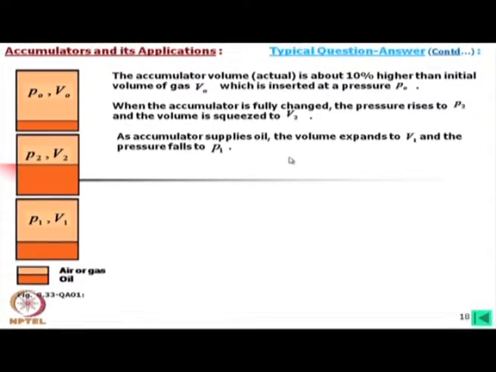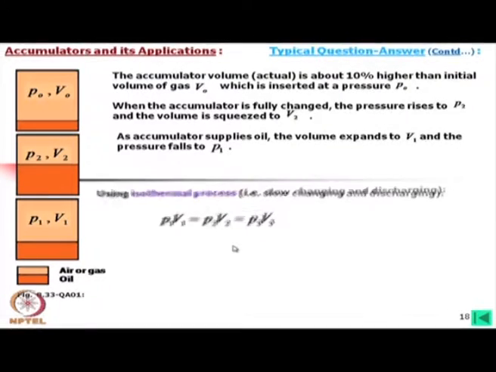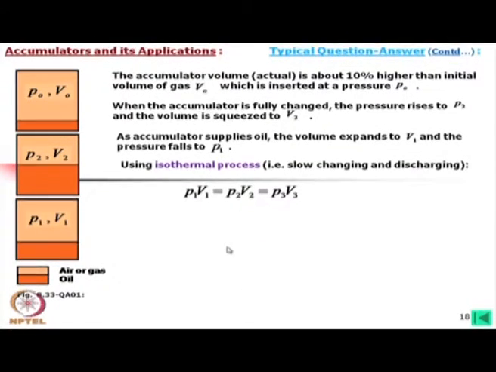Okay. And when the accumulator supplies oil, the volume expands to V1 and the pressure falls to P1. Now, we consider the isothermal process, that is slow changing, charging and discharging.